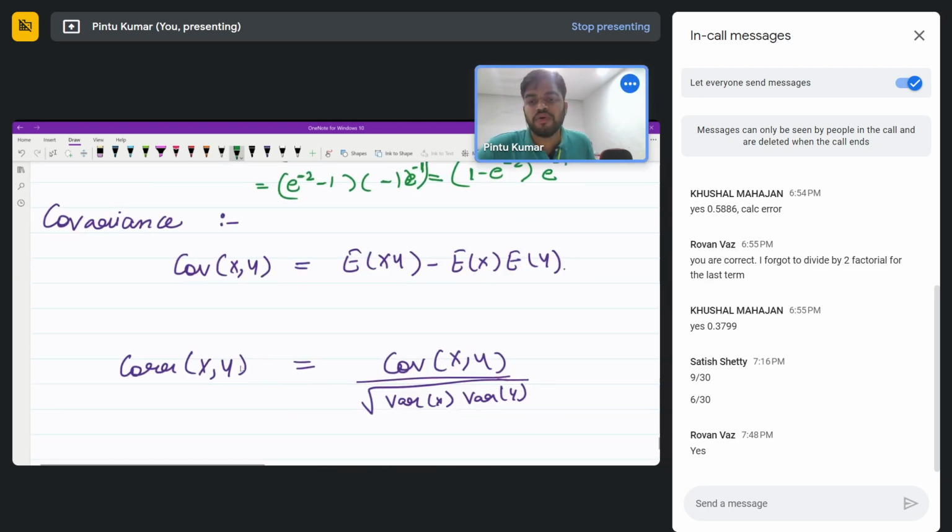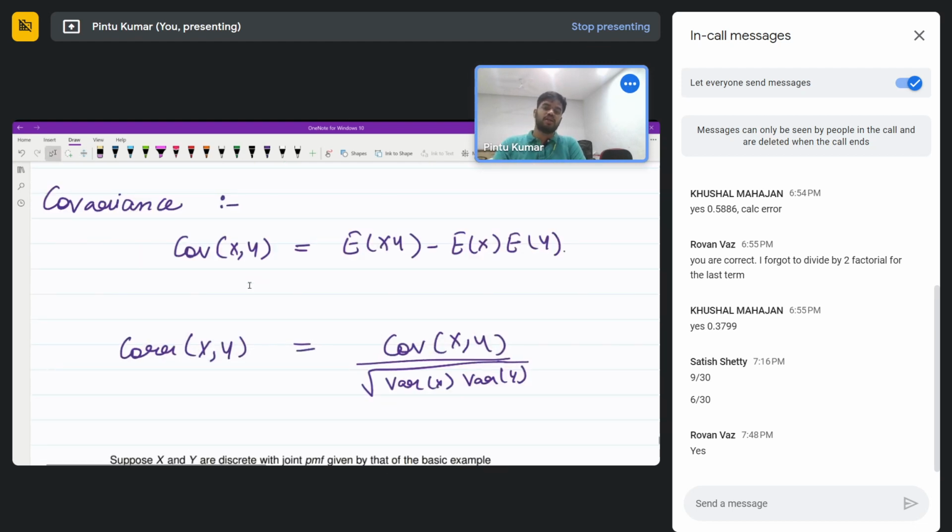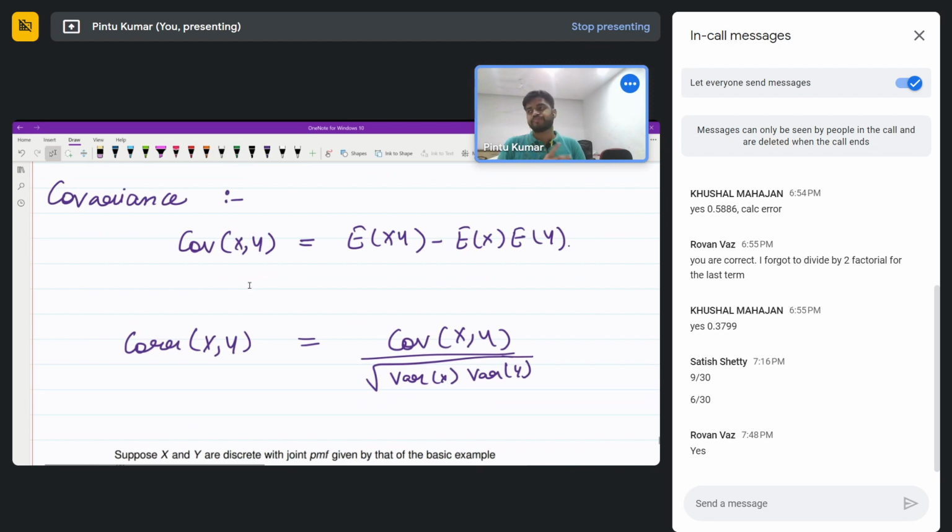Okay. So we have two more terms left for today. One is called covariance, and another is known as correlation. We have seen the covariance matrix earlier also, so this is a repeat thing. Covariance between two random variables tells you how much they are independent of each other or related to each other.